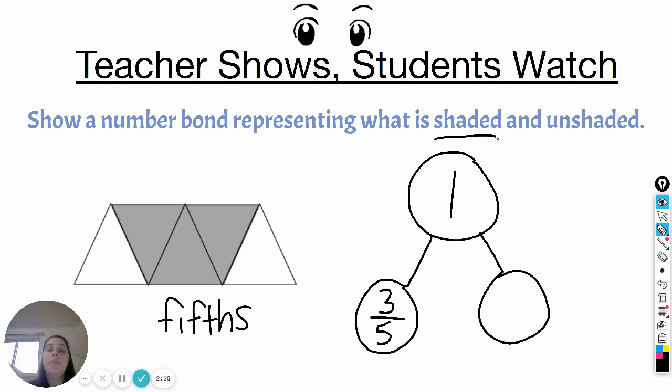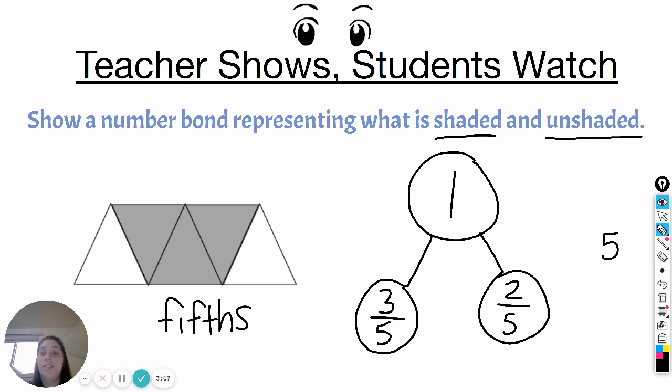So we did the shaded part. Well, now let's look at the unshaded part. 1, 2. Just these 2 pieces on the sides are unshaded, so I'm going to label that 2. Out of the 5 pieces, 2 are unshaded, or 2 fifths. Something that you may notice is that if we were to add the 3 shaded pieces plus the 2 unshaded pieces, we would end up having 5 pieces all together, okay?